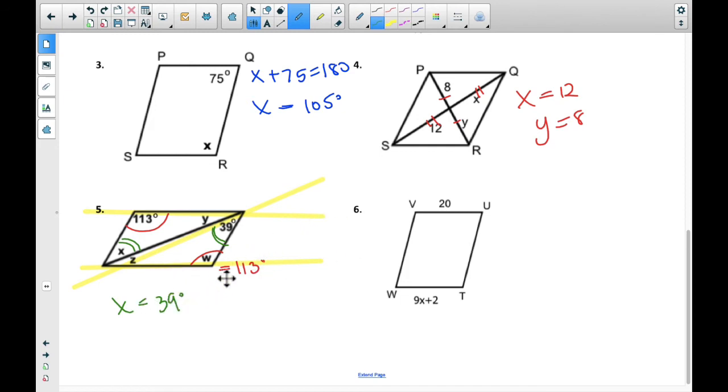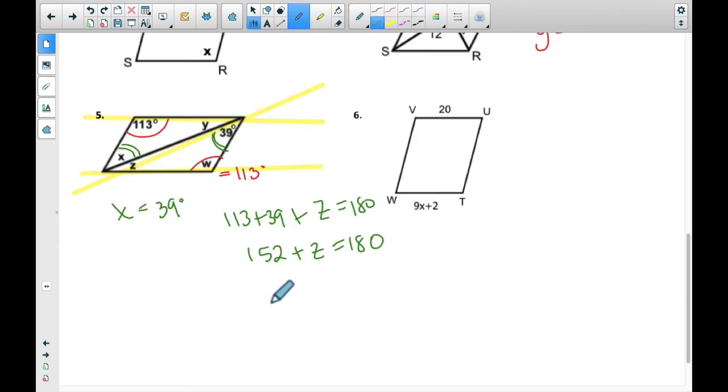So I have 113 here, I have 39 here, and a triangle is supposed to add up to 180. So now I could say that 113 plus 39 plus angle z adds up to 180, because that's a triangle. So if I add these together, then I get 152 plus z is equal to 180. So I subtract my 152 from both sides.